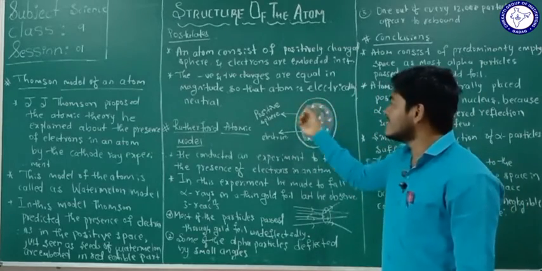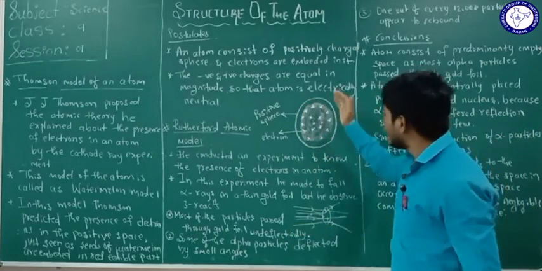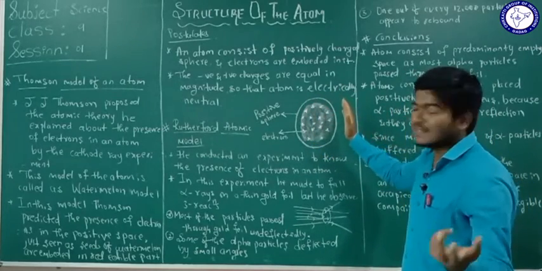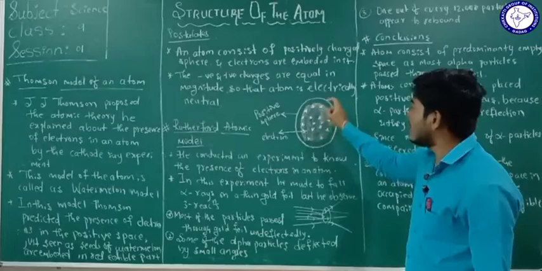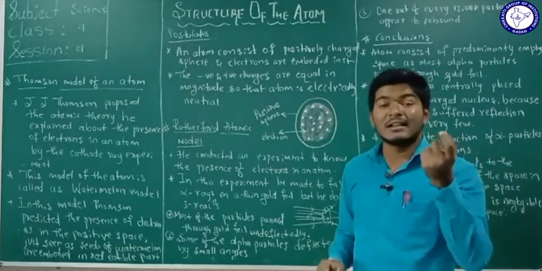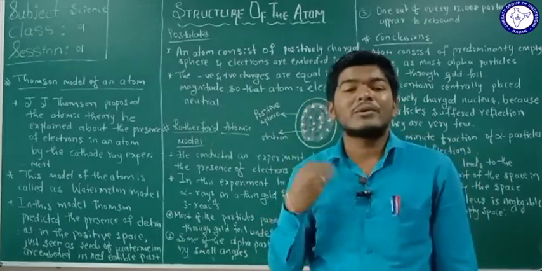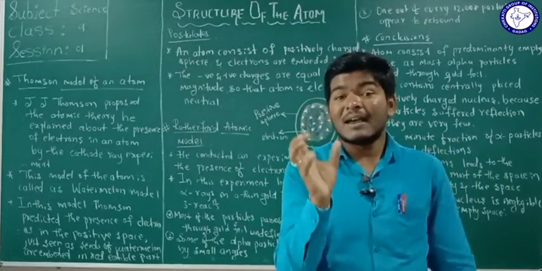And he says that electrons are present inside the positive sphere, in the edible part. In the watermelon, which part is edible? The red part, isn't it? We are going to eat the red part of the watermelon.